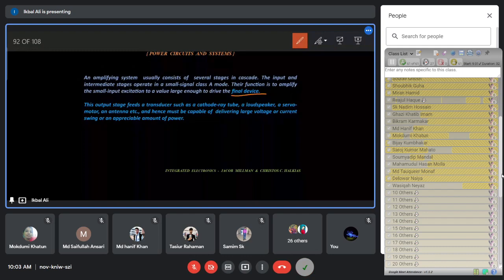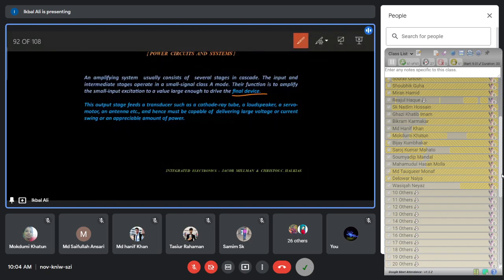Then you can understand the voice signal, because you can recognize it within the audible range. So the final device is the output device that is required. It may be a speaker, it may be a video display, it may be a motor. So this amplifier system is required to drive the final device.